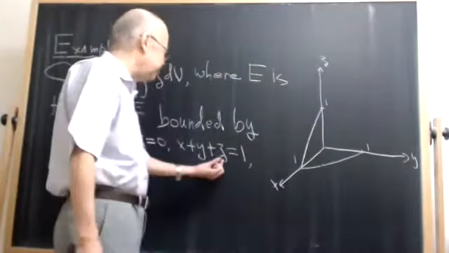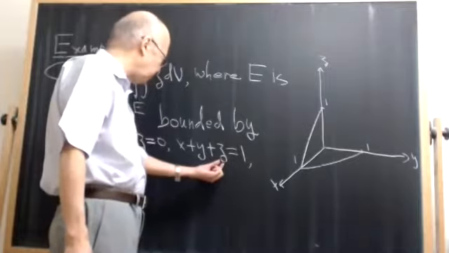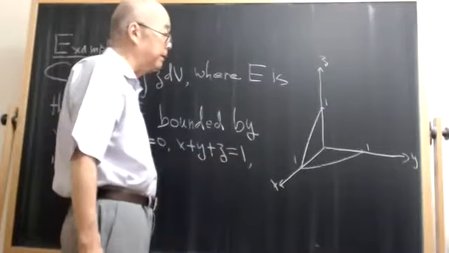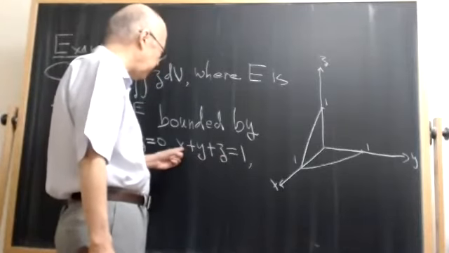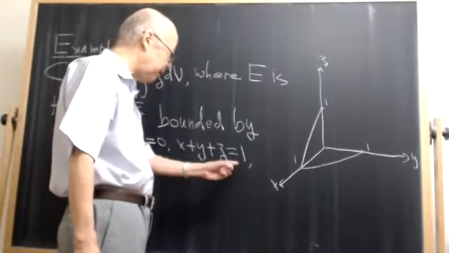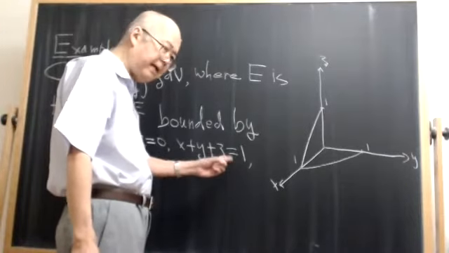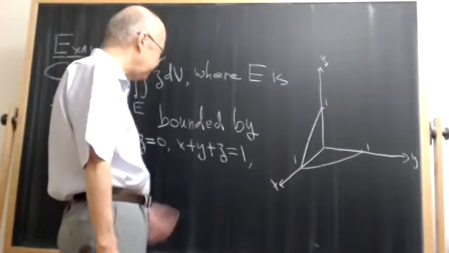When z is equal to 0, x plus y equal 1, and y equals 1 minus x. That's a straight line with slope equal to -1.